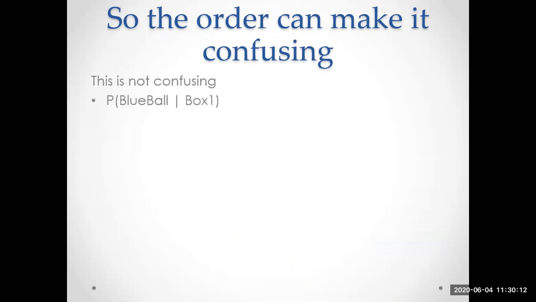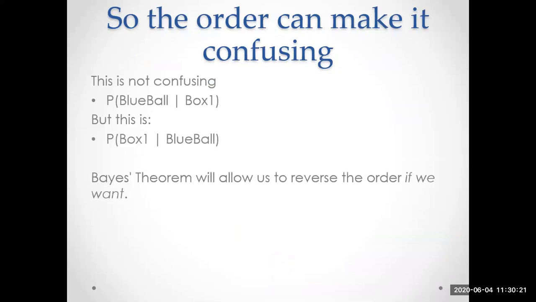This is not confusing, given that it comes from box 1, but this is confusing, given that it's a blue ball. So we have something called Bayes' theorem that will allow us to reverse the order if we want.